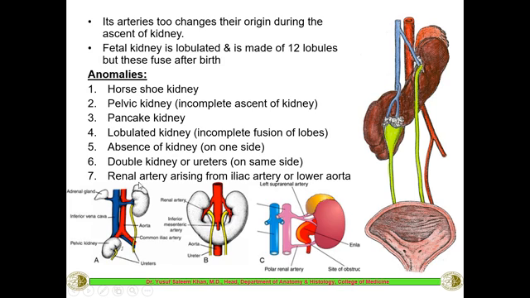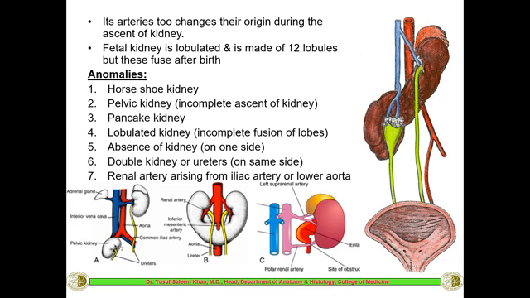So in that condition, you should remember that this is because of the ascent of the kidney, but there is no development of the new renal artery, and it is coming from the old artery during its development. Okay, so that's why there might be a renal artery arising from the iliac artery, or in the lower part of the aorta also.